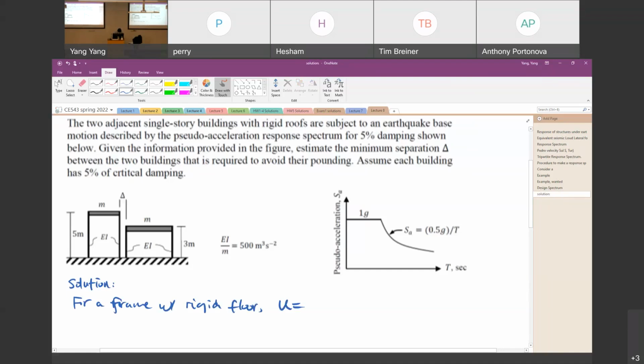The k value should be equal to what? Yeah, we should be able to find the equation in your textbook, right? The rigid floor k value is equal to, and that should be in your chapter one.